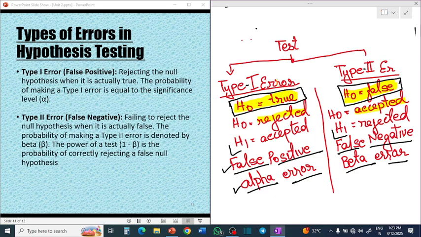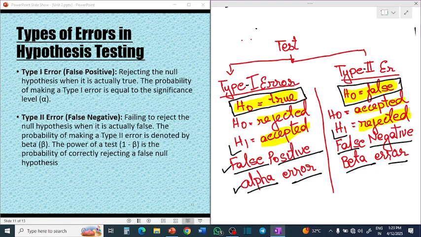And when the null hypothesis is false, the alternative hypothesis will automatically be accepted. And in this case, when the null hypothesis is accepted, the alternative hypothesis is rejected. So this is called type 1 error, the first one, and the second one is called type 2 error. I hope up to here everything is clear.